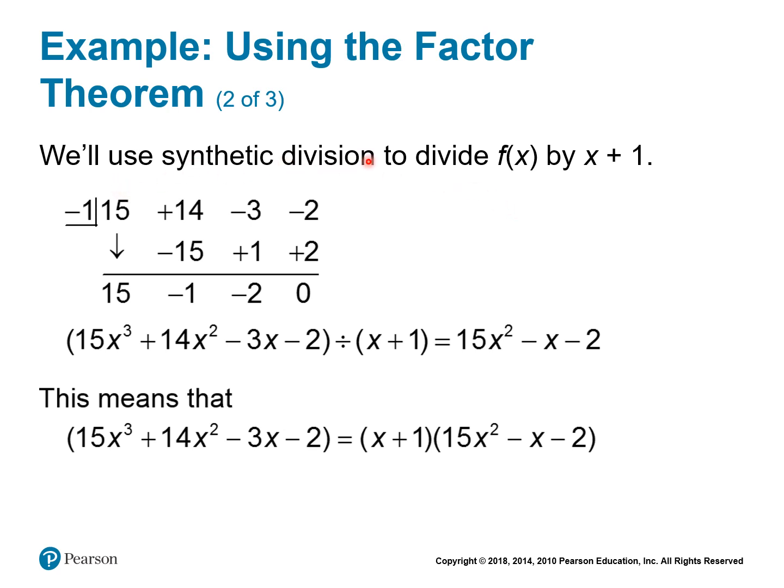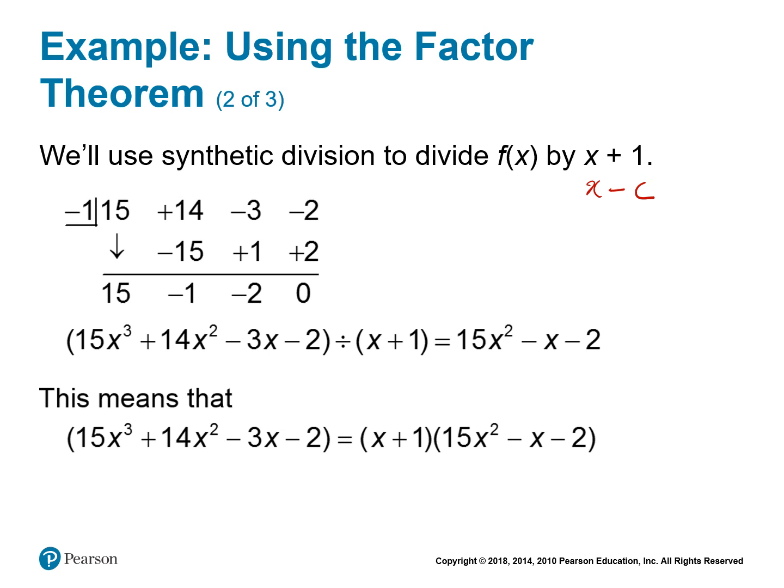So we'll use synthetic division to divide f of x by x plus 1. And we said previously that this x plus 1 is going to be one of the factors of the polynomial. So x plus 1 means c is negative 1, right?